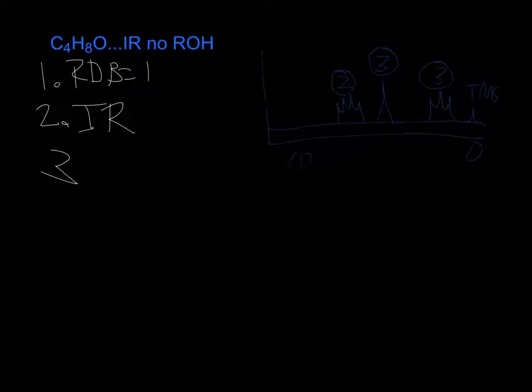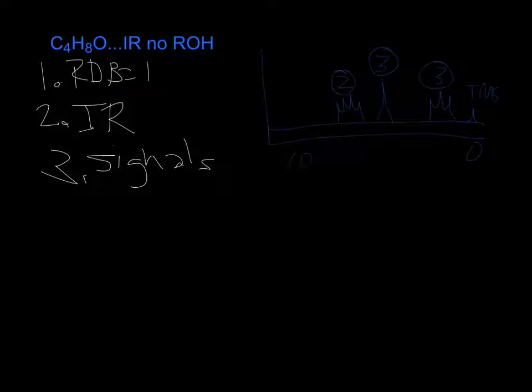Then 3, and this is the really important part, you need to go in this order, because if you go out of order, it's going to make your life much more difficult. 3 was we had to look at the total number of signals. What did the signals indicate? They indicate something very important.